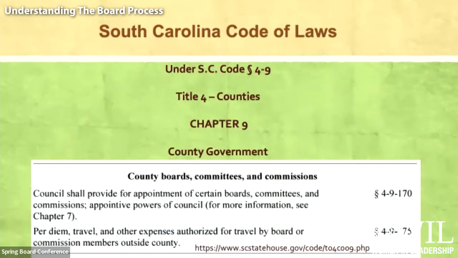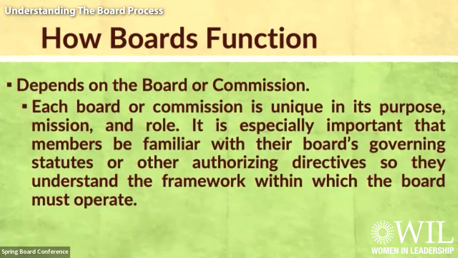County council shall provide for appointment of certain boards and commissions, committees and commissions, appointive powers of council. So if you want to go back and review this information, it's in the South Carolina Code of Laws, so you can know exactly how your council appoints boards and commissions.